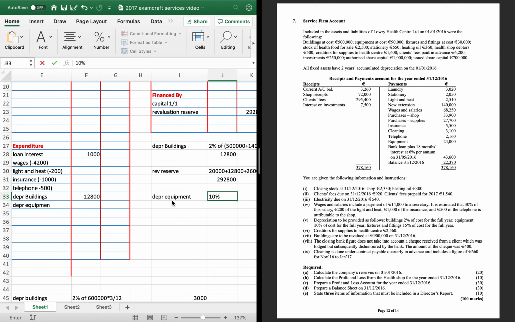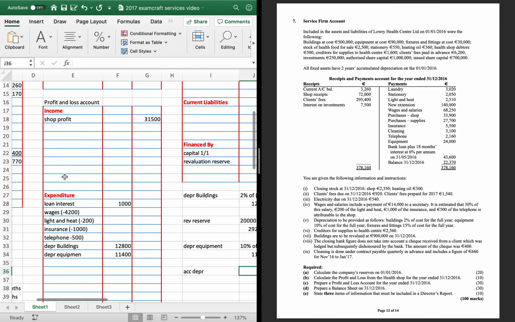And it's just 10% of the 90,000 plus the 24. Which is 10% of 114. So that'll be 11,400. That's your expense. Now we know anytime we've got depreciation, we've either accumulated depreciation or revaluation reserve. In this case, it's accumulated depreciation.